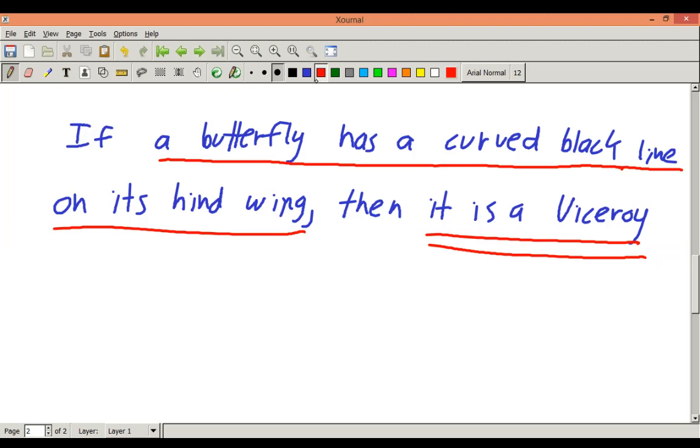Let's do that again for a different sentence. Be careful with this. A number is an integer if it is a natural number.